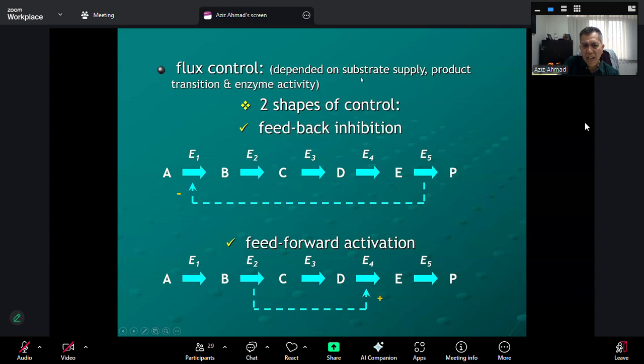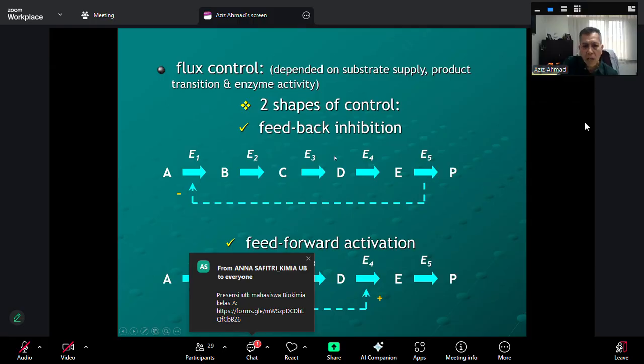If the substrate is enough, then the process can move forward or be catalyzed by the enzyme very quickly to produce the product. If the product is enough, then the process can be stopped. But if we don't have enough supply, then we can delay the production process. Or sometimes some of the product can be reversed back to the supply.